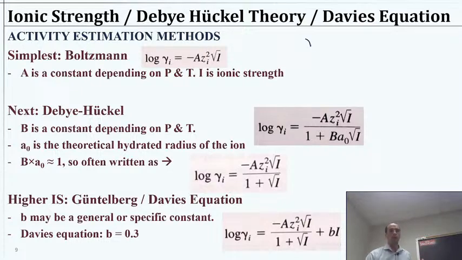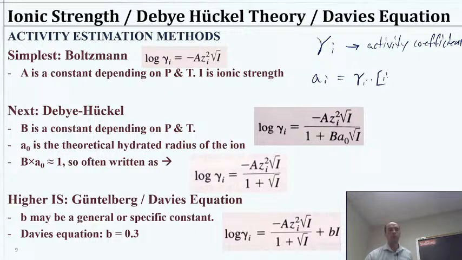So remember this gamma. Let me see, I think I draw it like that. So gamma I, this is the activity coefficient for I. And remember, we defined activity. So A for some I would be that activity coefficient times the molar concentration of whatever species I we're talking about, right?